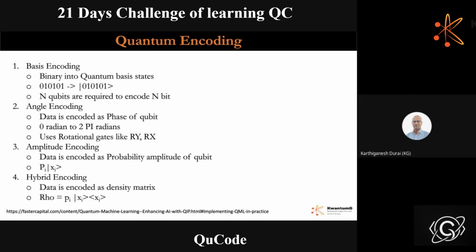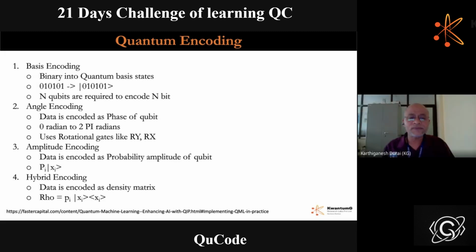Because classical data cannot be sent to a quantum algorithm, because the quantum algorithm is expecting complex numbers. Classical data are binary numbers.